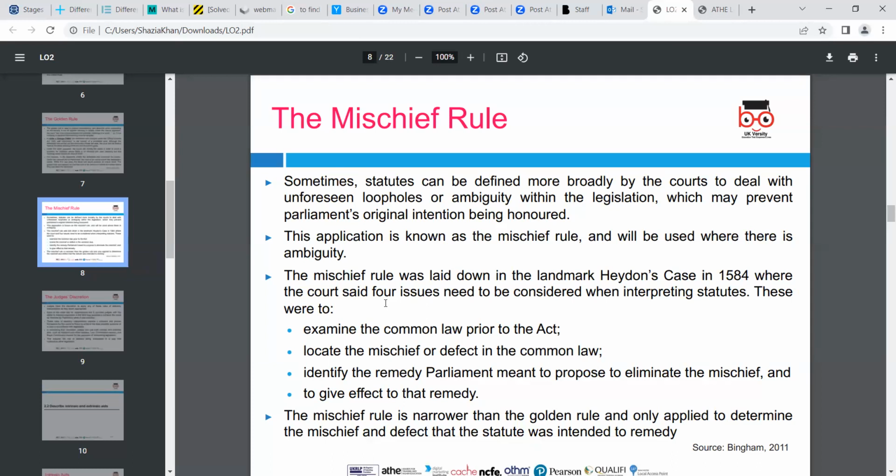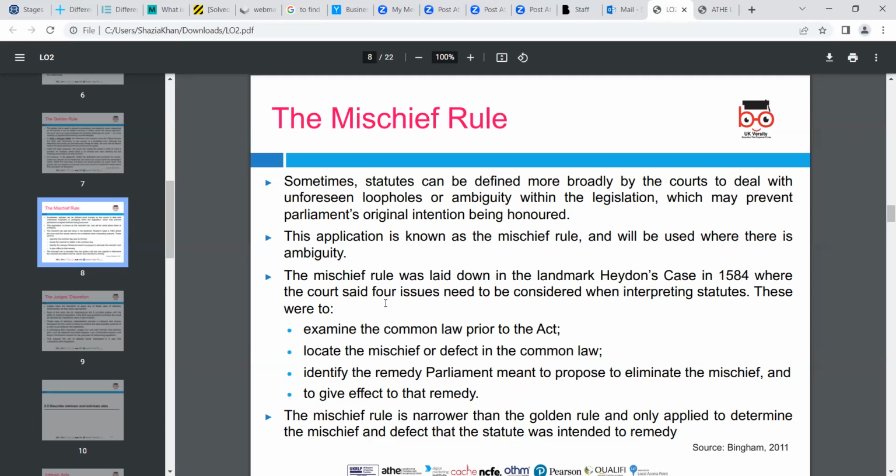Heydon's case in 1584, where the court said four issues need to be considered when interpreting statutes, and these are: firstly, that they examine the common law prior to the act.